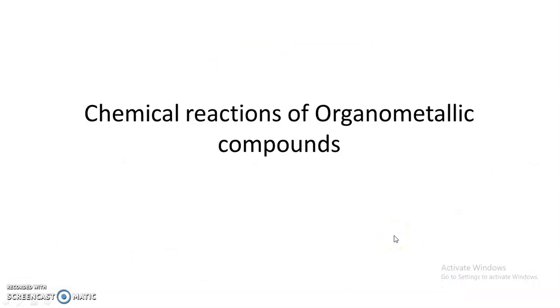Now the next part is chemical reactions of organometallic compounds. Chemical properties or chemical reactions of organometallic compounds. The chemical reactivity of organometallic compounds varies widely from one compound to another, because the activity of an organometallic compound is correlated with the carbanion character of the organic group.